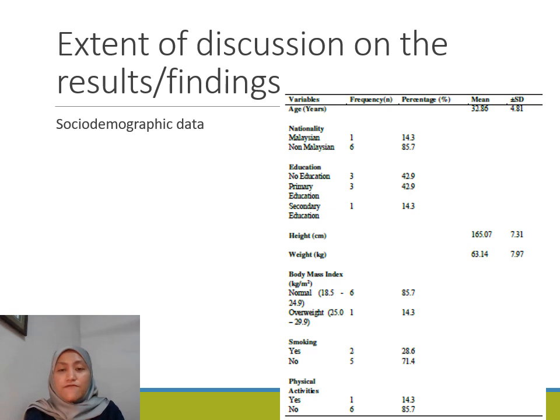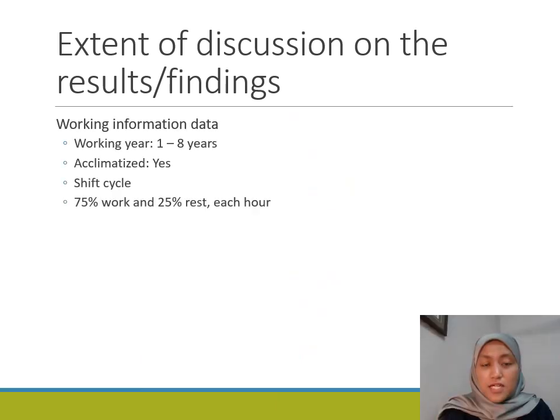Okay, and then from the questionnaire, this is the data that they obtained: the mean age of the employees, the nationality, the education, the mean height and weight, the body mass index, the lifestyle, and the physical activity of the employees.